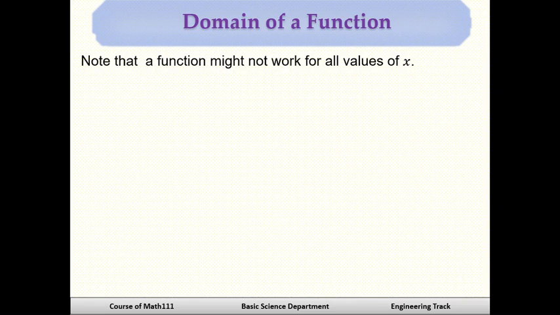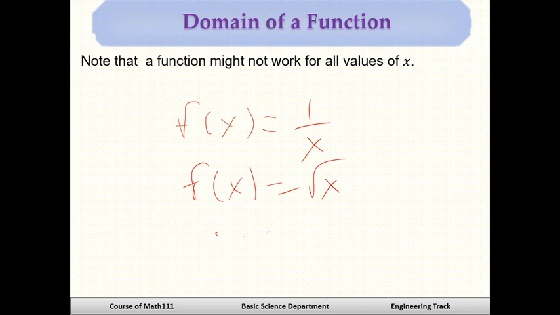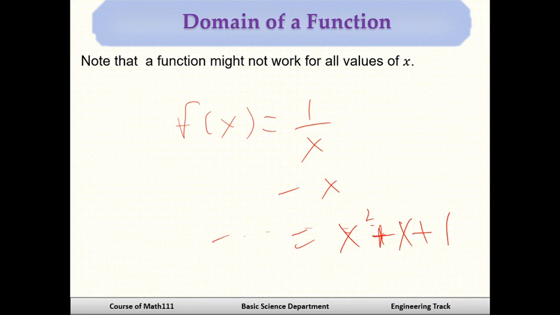Now, domain of a function. Some functions can be given this way, like 1 over x, f of x equal to square root of x, and some other algebraic operations. We can write many function types, but look at this function.